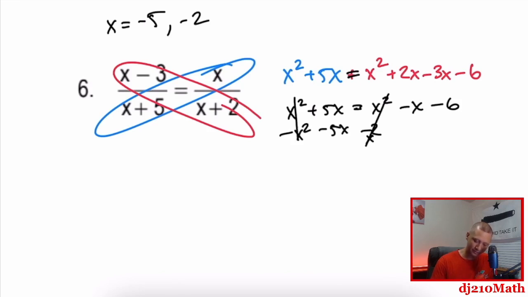Minus 5x, we're going to equal negative 6x minus 6. And factoring out a number, so this is going to be equal to 0. Factoring out negative 6, we're going to get x plus 1.